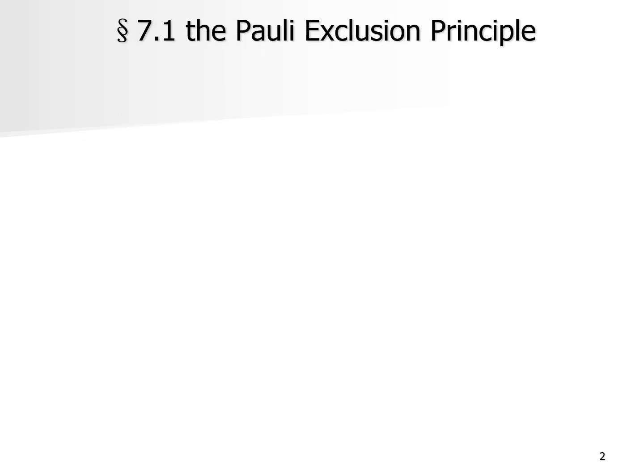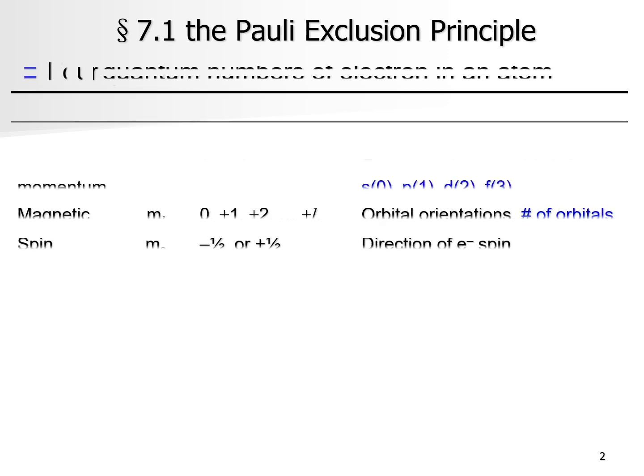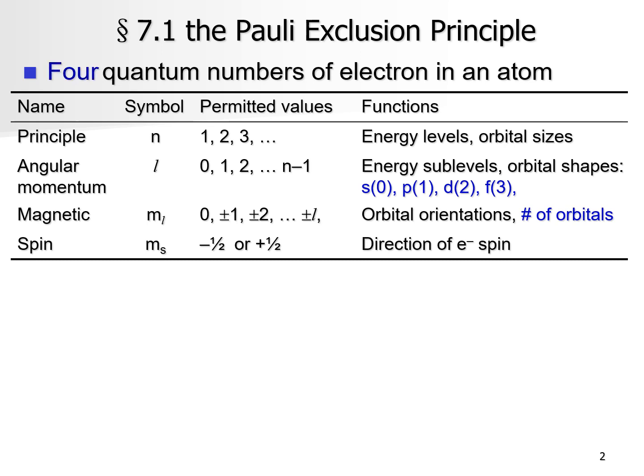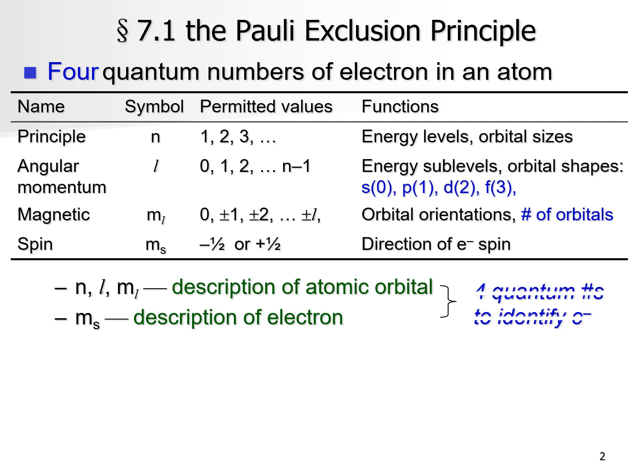When we combine the spin quantum number along with the other three that we have discussed before, we realize there are four quantum numbers. The first three, principal quantum number, angular momentum quantum number, and magnetic quantum number, are to identify an atomic orbital.